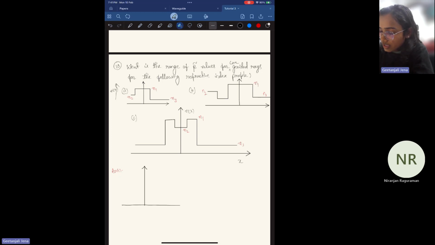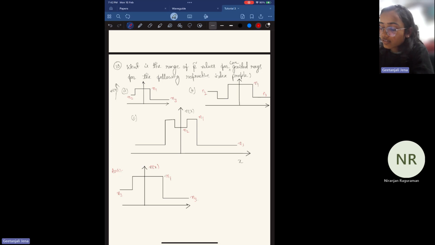The first is, and next, here it is n1, n2, and n3.